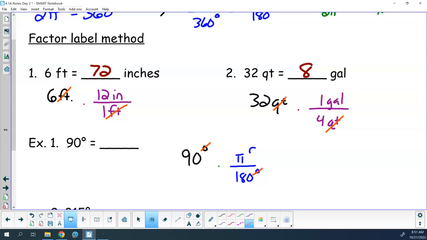And so then classically, in terms of radians, unless the directions say differently, like round to this decimal place, we like them in fraction form. So 90 pi over 180 would reduce all the way down to pi over 2.